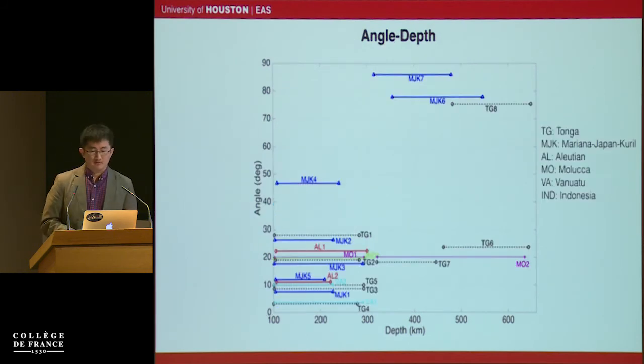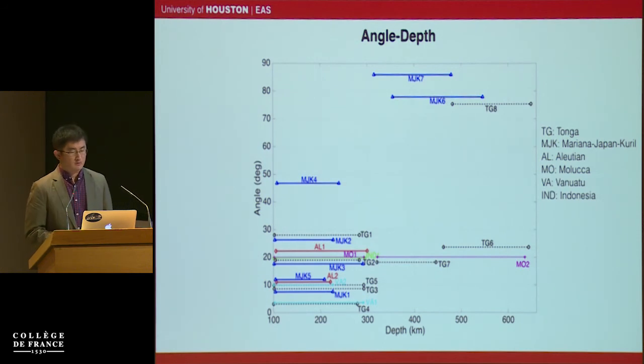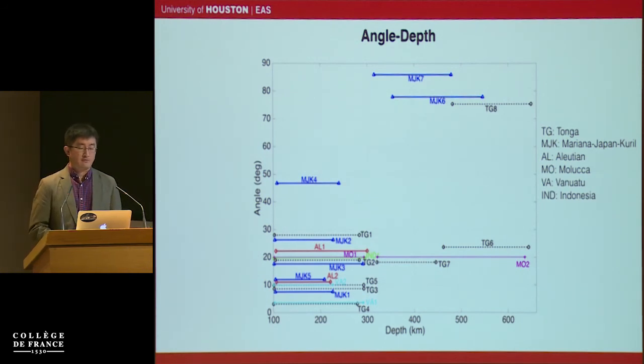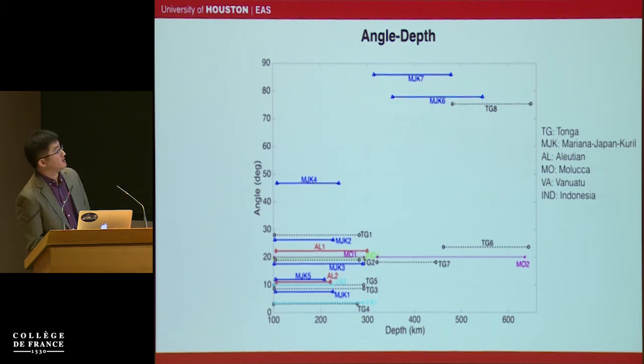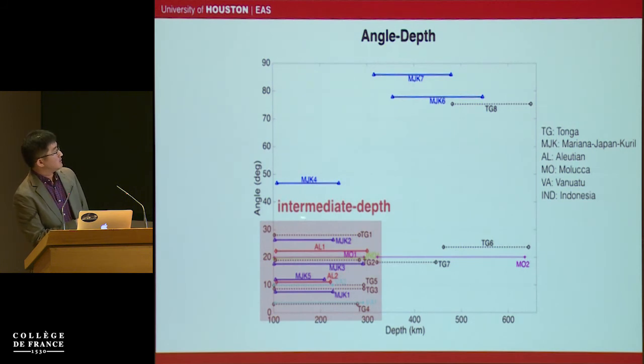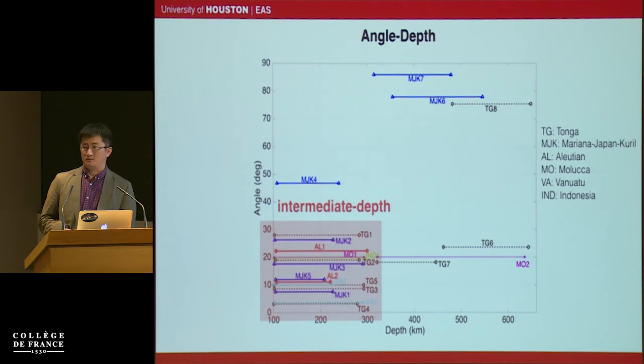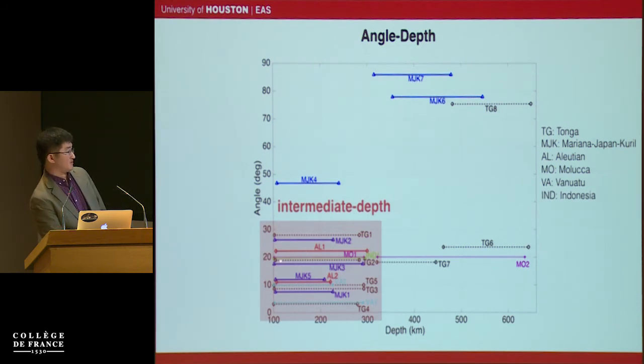And what about the symmetry axis with respect to the slab normal as a function of depth? We have intermediate earthquakes and we have deep focus ones. For all the intermediate earthquake groups, the symmetry axis is perpendicular to the slab. Here it's really not 100% perpendicular.